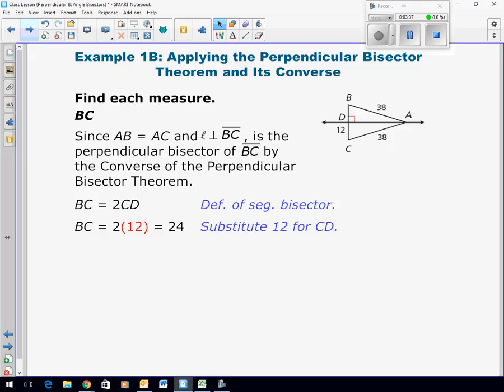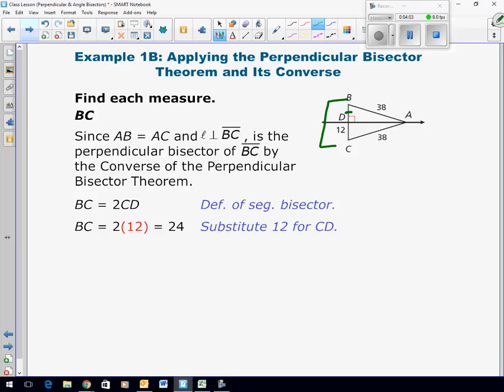Check it out. Let's do this one real quick. First up, I'm given the following information. I'm trying to find what BC is. Well, if AB is 38 and AC is 38, here's what I conclude. I conclude that AD is the perpendicular bisector of BC.